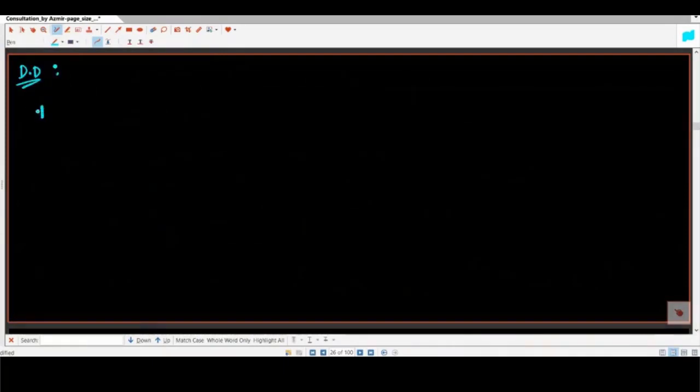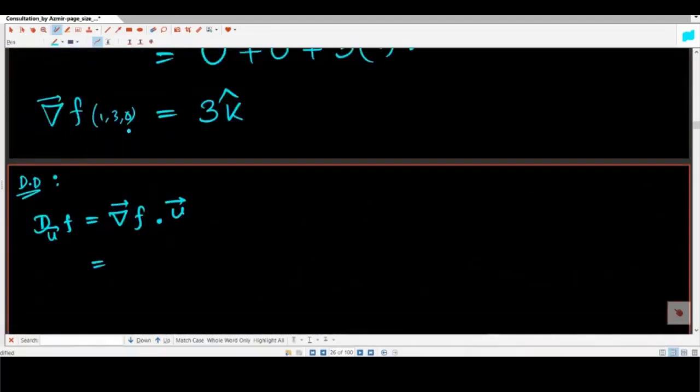It is D_u f equals grad f dot u vector. We have found that the gradient of f is 3k, dotted with this u. So we need to find this unit vector.